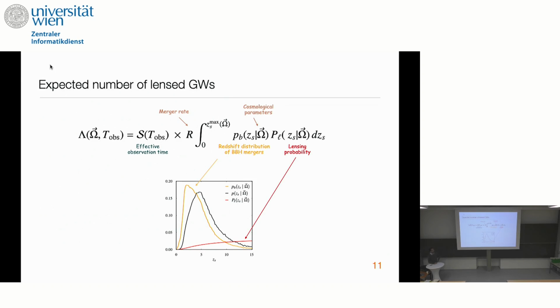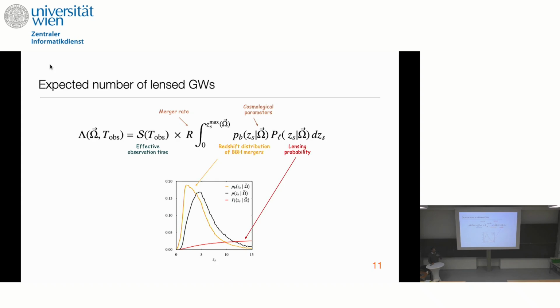Basically, you can look at how the expected number of lensed events would depend on the cosmological parameters. So one can do a simple calculation. Basically, one has to do a convolution. There is some rate of mergers that we have measured at low redshifts. R is the rate of mergers.